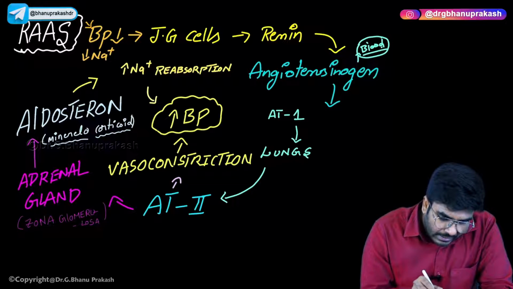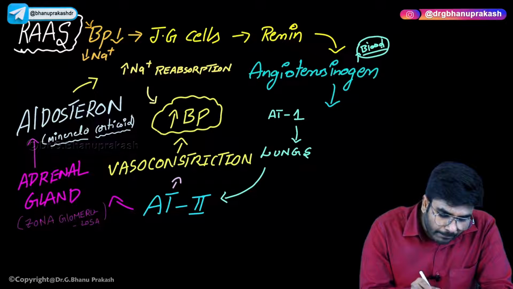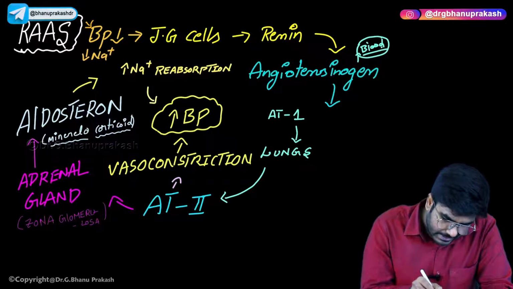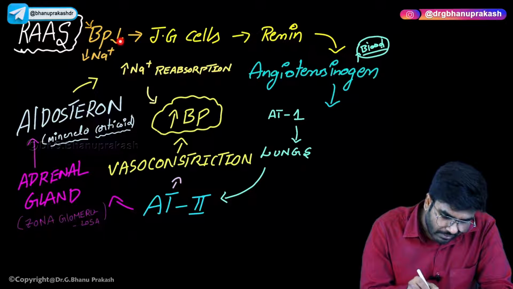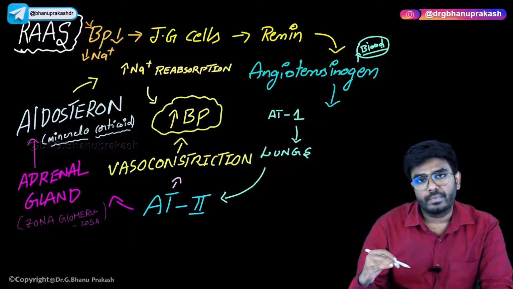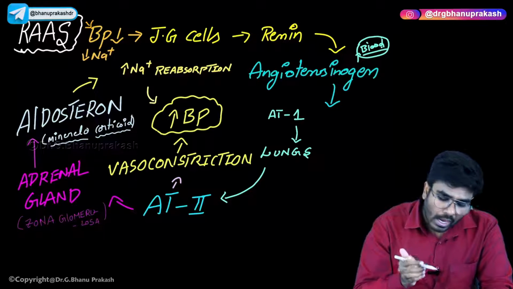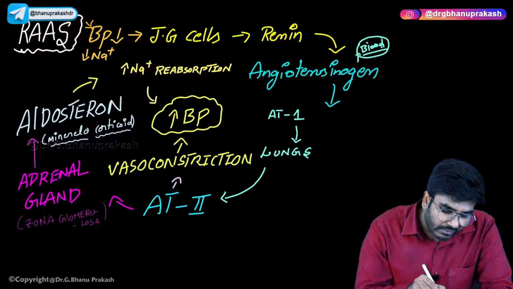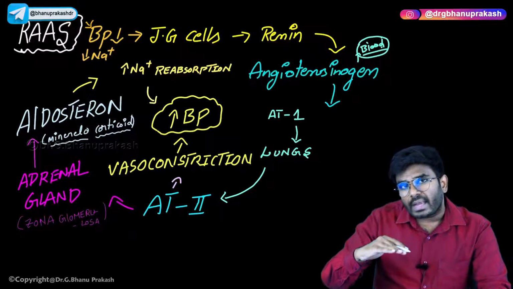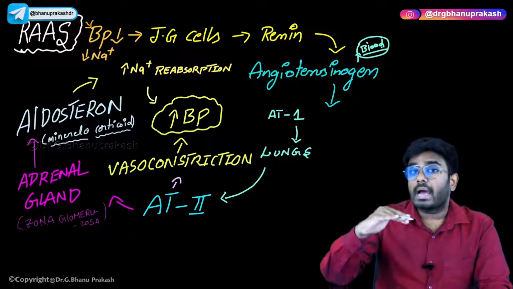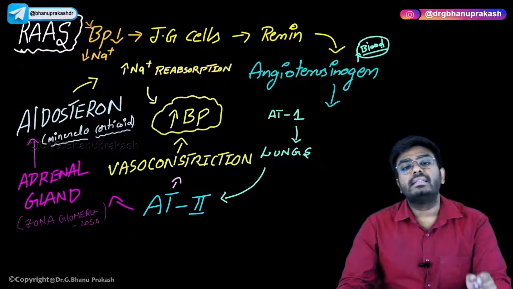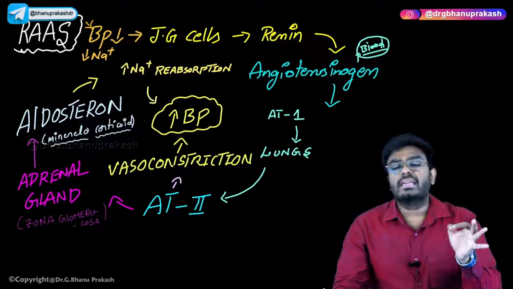We are going to start with a condition where the BP of our patient is getting decreased. This is the first stimulant. And also remember, the RAAS pathway will be activated in those persons whose sodium levels are also decreased. So hyponatremia or hypotension are the stimulants for the activation of RAAS.